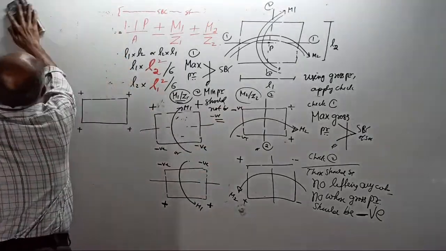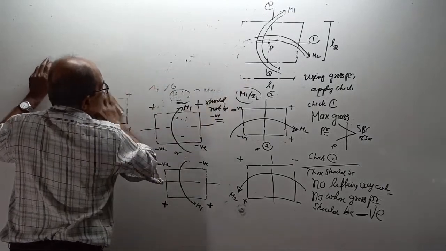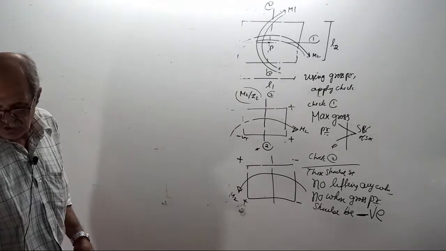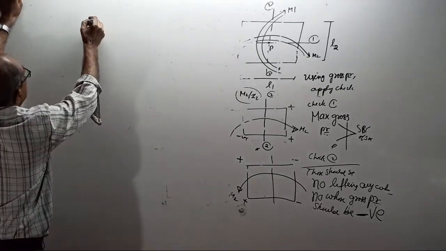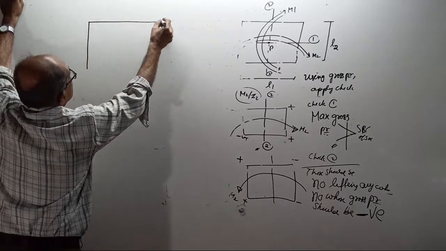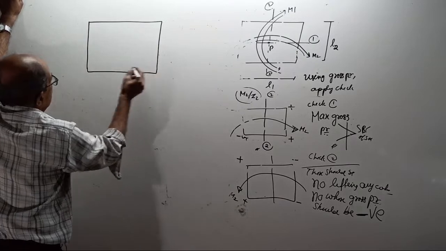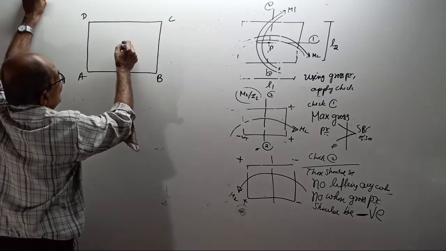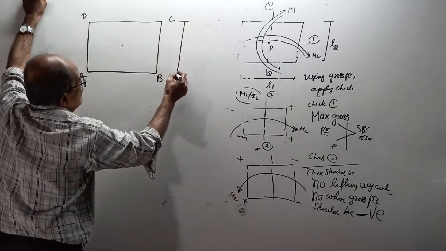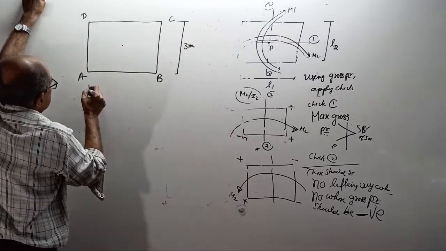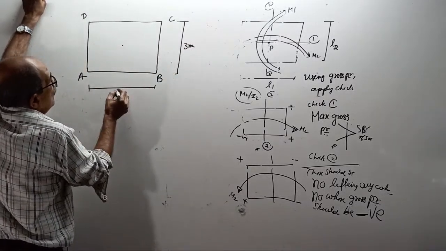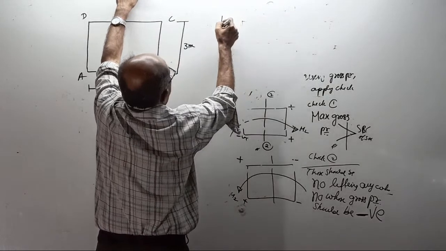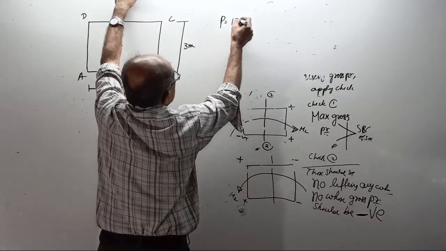I will give an example for you. You try the pressure calculation. Let me see how many are getting pressures. There is a footing here, a random question. This is A, this is B, this is C, this is D. This dimension is 3 meter. This dimension is, say, 4 meter. There is an axial load of 1200 kilonewton.